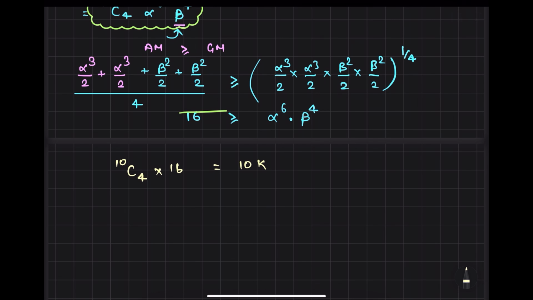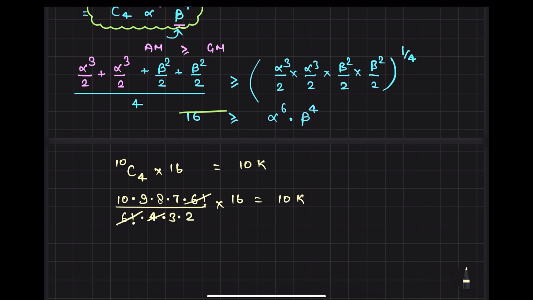Now you can go for simplification. If you simplify, 10 factorial, the denominator will have 6 as the maximum element. So 10, 9, 8, 7, 6 factorial by 6 factorial, and then 4, 3, 2, into 16. Now you can play fruit ninja. 6 factorial, 6 factorial gone.